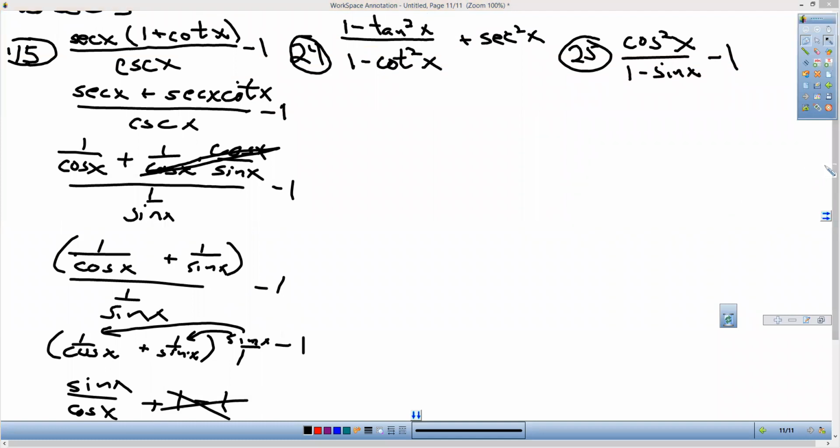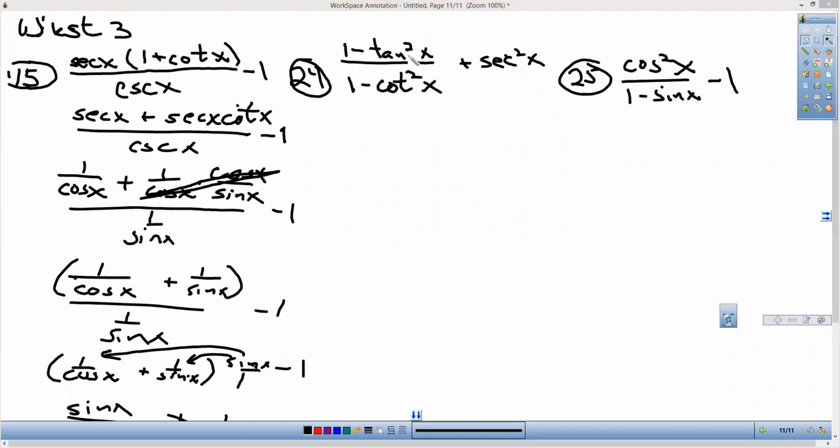The second one, I really don't have an identity that does this, because the identity actually says tangent squared x plus 1 equals secant squared. But what I can do is, because this is minus tangent squared, well, let's say it's this way.